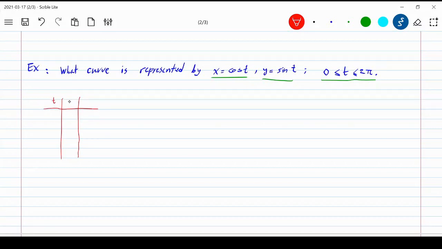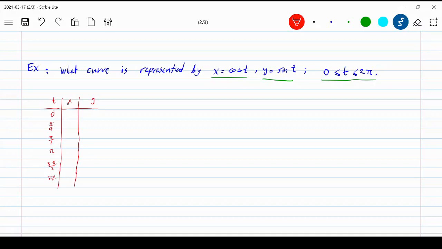Here I'm going to pick t, x, and y. I'm going to pick t to be some angles in radians: 0, pi over 4, pi over 2, pi, and finally 2 pi. You can pick more points. You can pick 3 pi over 2 if you want, and then 2 pi.